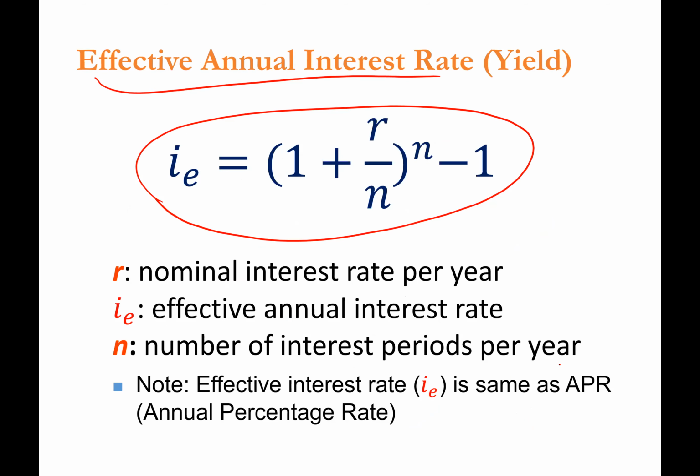We use this shortcut formula, the effective interest rate formula, where R is the nominal interest rate, and N is the number of compounding periods per year, and the result is the effective interest rate, same thing as APR.